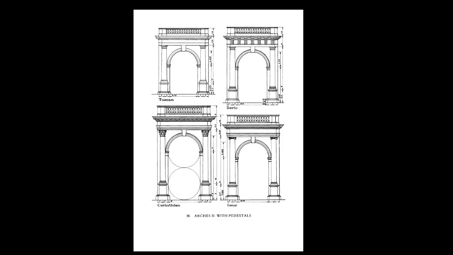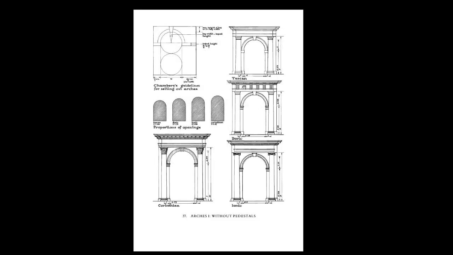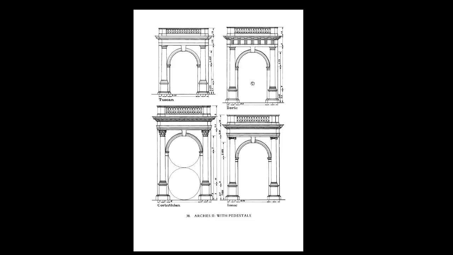The previous one you see without the lower base, and here another base is added and it becomes more slim. The most slim one is the Corinthian one, where he fits 2 circles in it. That's already so slim that it's rarely done in practical architecture, but the other 2 on the right side are used.